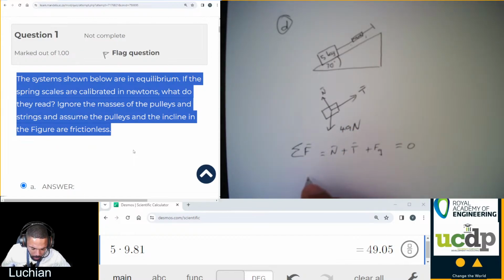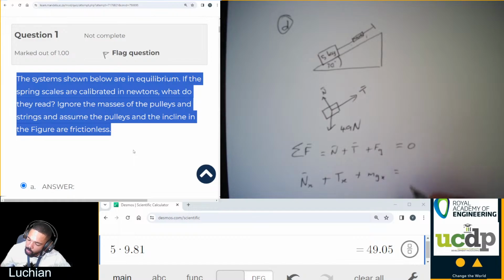Along the incline we have the x component of the normal force, plus the tension, which only has an x component, plus the x component of gravity.